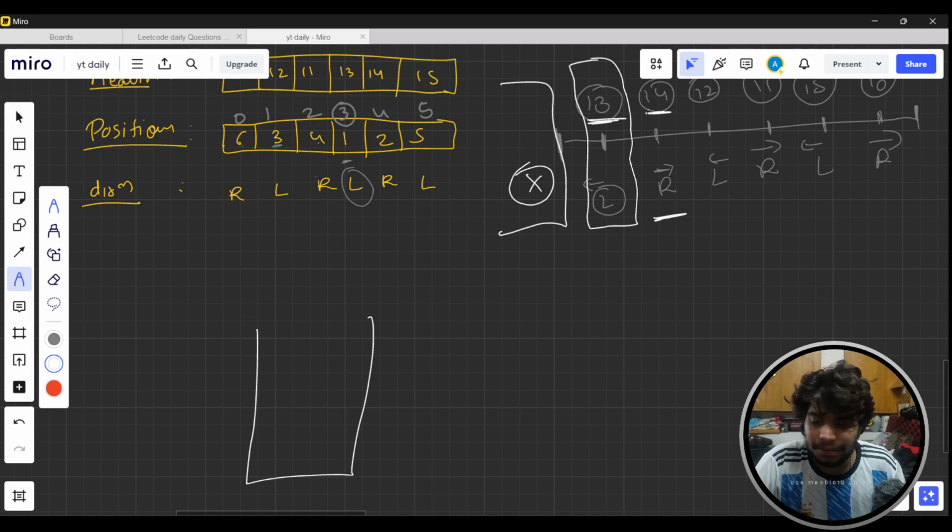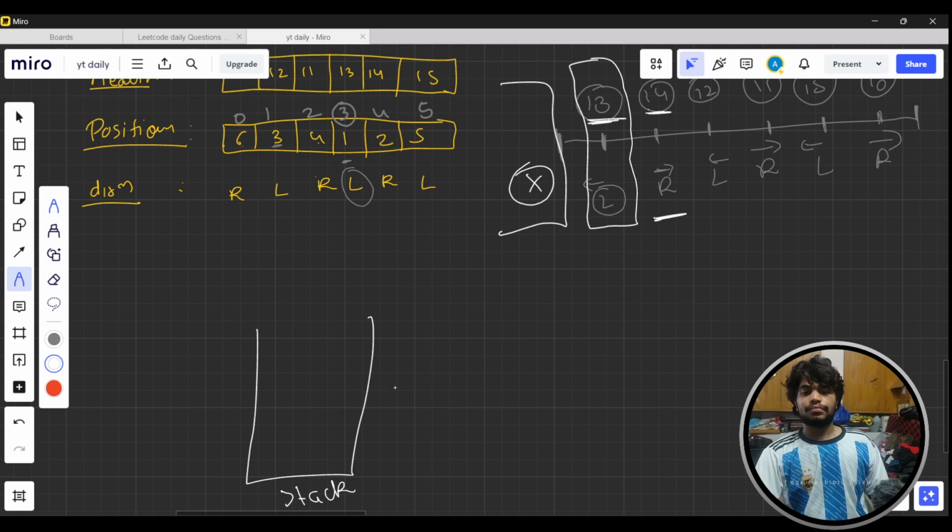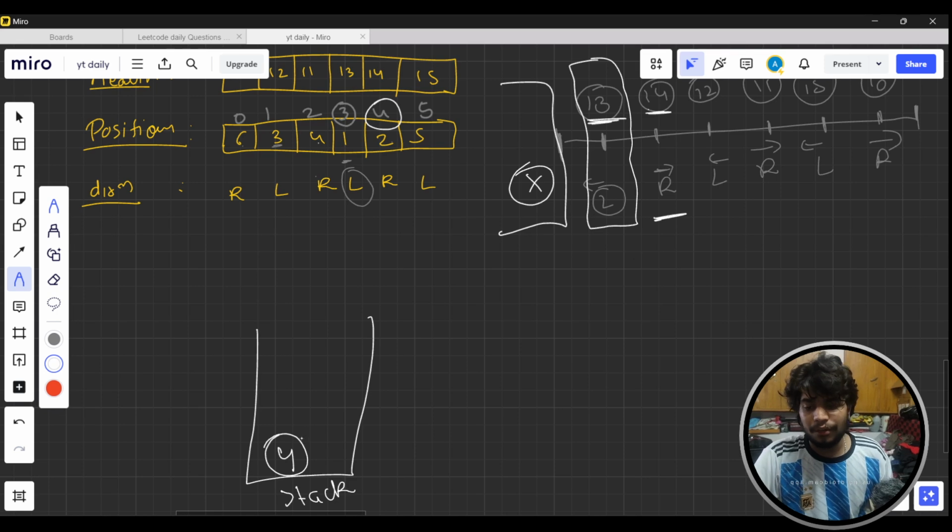Let's say I have a stack. At the fourth index of the positions array I have a robot which is moving in the right direction with the health of 14.